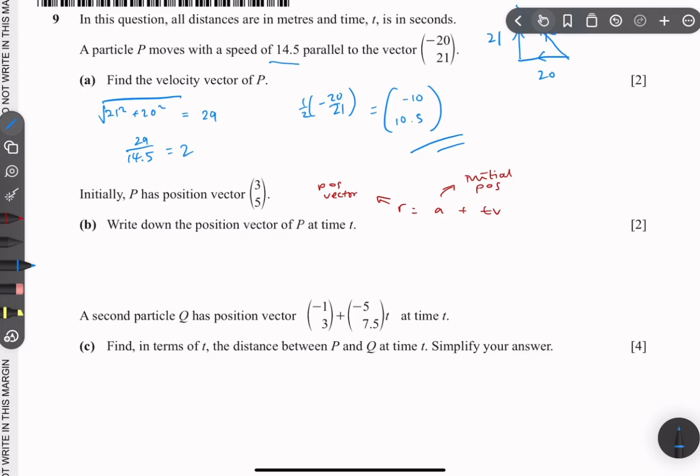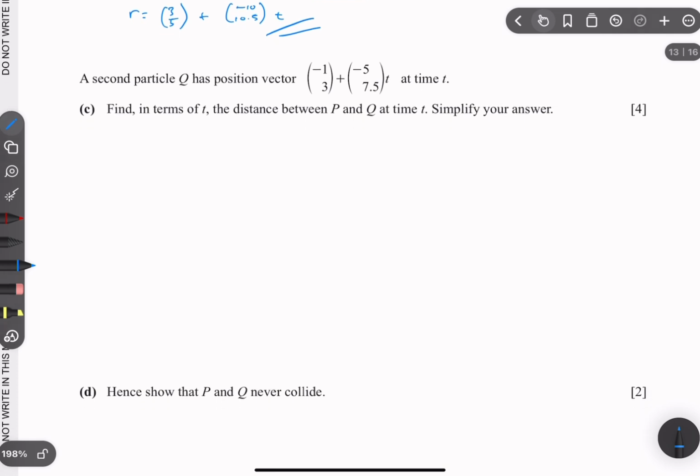Okay, so you have the a and b value. So this is the position vector at time t.